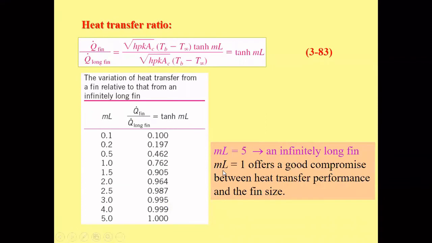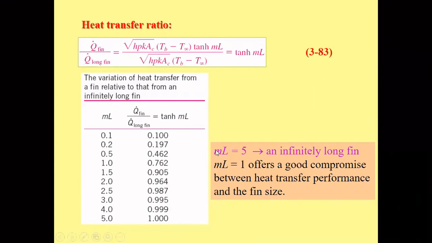If you have mL equal to 1, heuristically, it offers a good compromise between heat transfer performance and the fin size. So this is more preferable. This heat transfer ratio compares the heat transfer from your fin to that when you assume a very long fin.